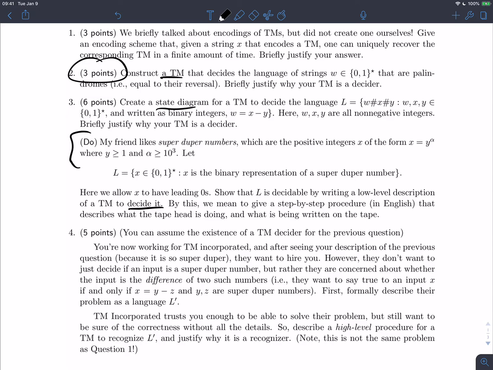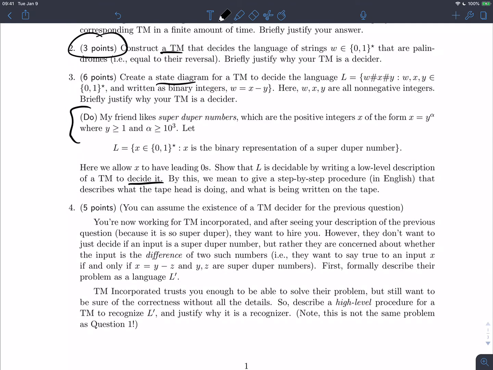Okay? So let's see. If I'm given x, and let's say that I test, so this will actually be a way to help you. If y right here is larger than x, can it be a super duper power? Super duper number? No. So that should actually help you quite a bit.